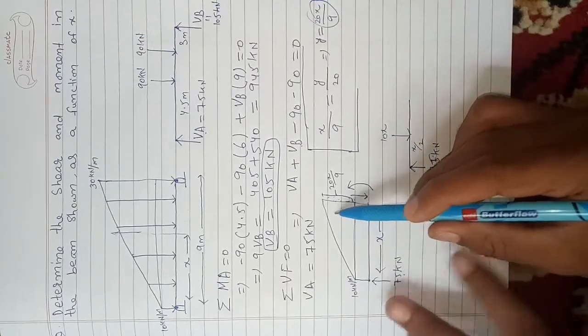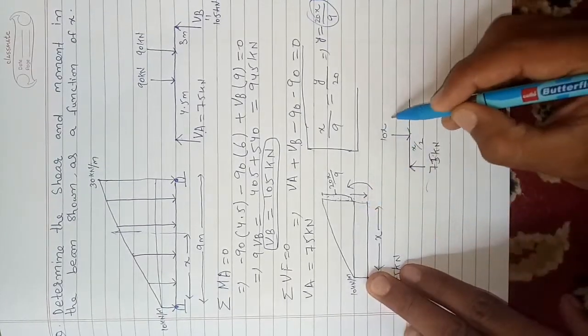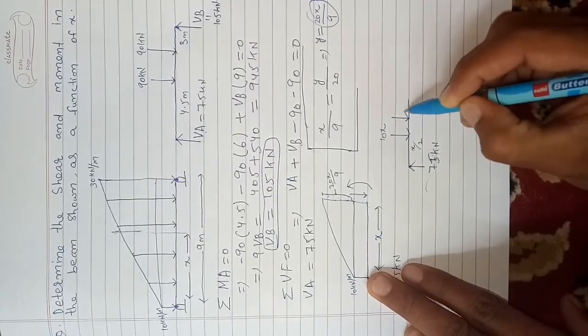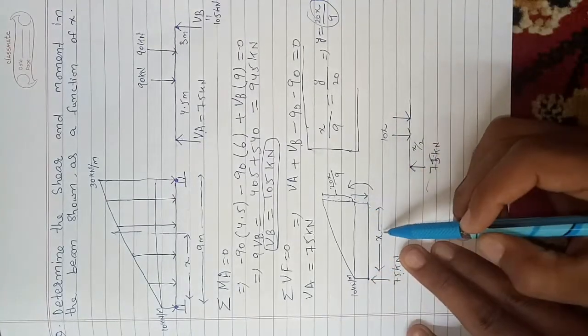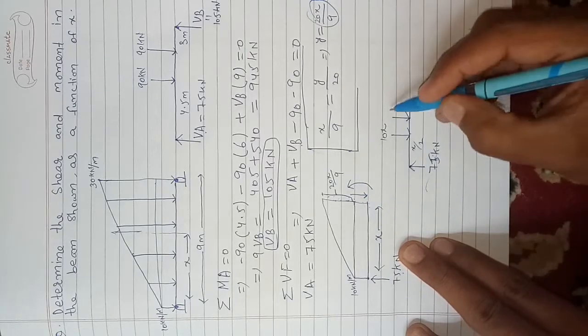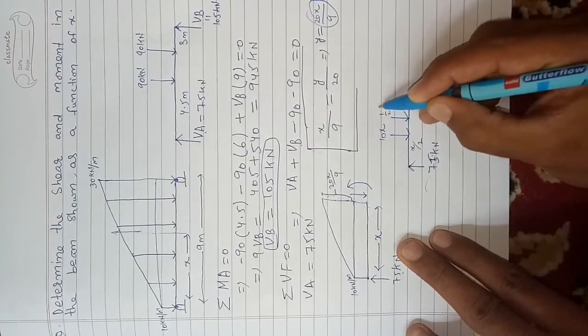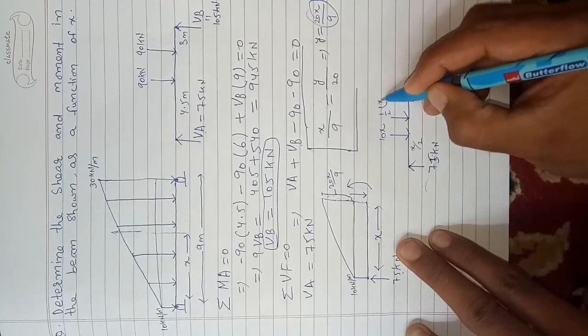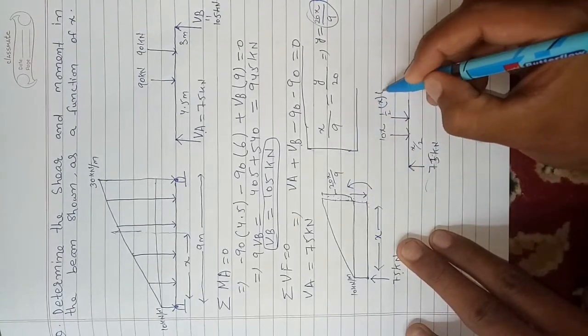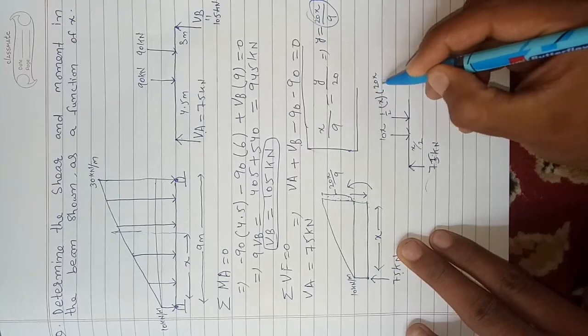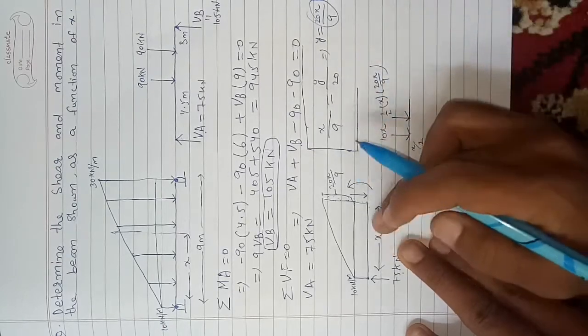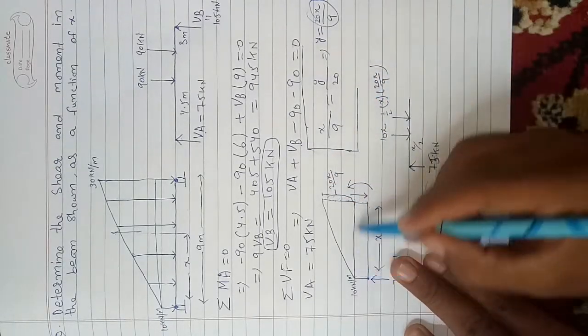And instead of this triangular load, I will write a point load, that will be the area of this triangle, which is 1 by 2 base into altitude, base is x, so x into 20x by 9 into 1 by 2.